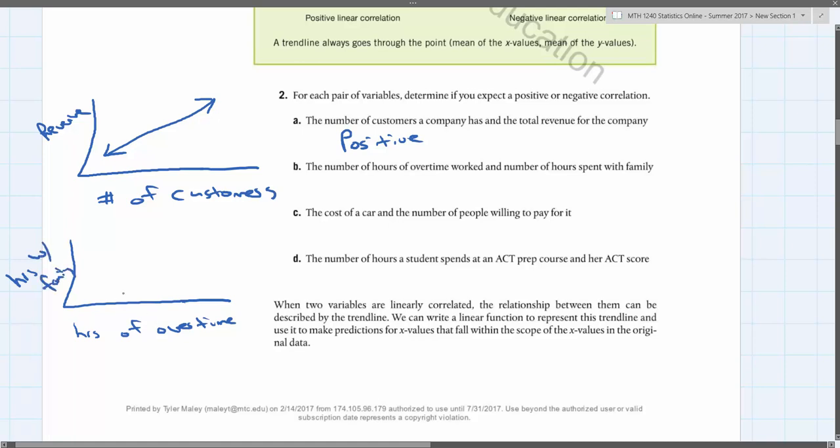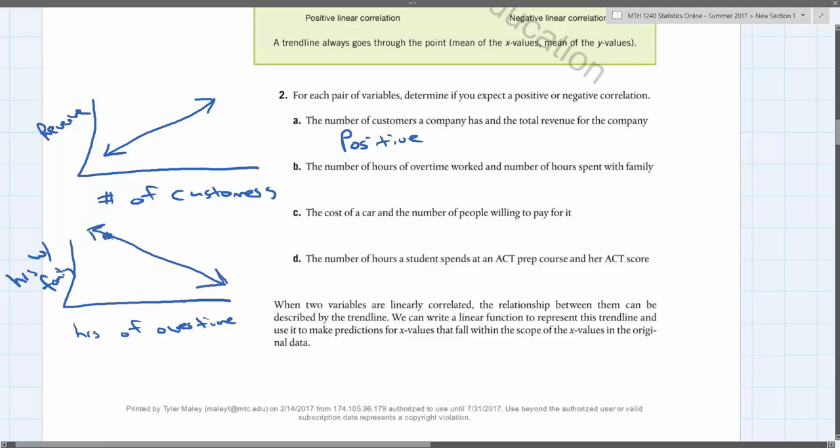So if we think about this a moment, the more overtime I work, the fewer hours in the day that I have to be at home, right? The day's only 24 hours. So if I work 12 hours, I only have 12 hours to be home, right? So as the x value increases, as the hours of overtime increase, you would expect the hours with the family to decrease, right? So in other words, we would have a downward type of trend, right?